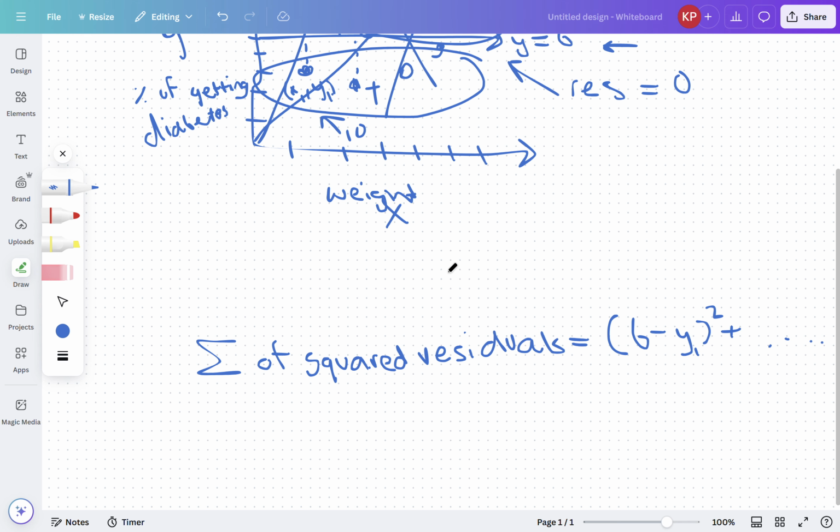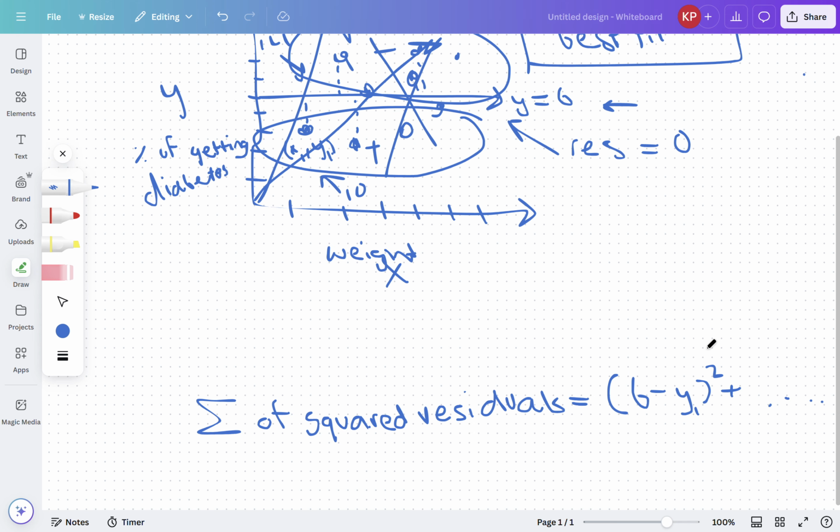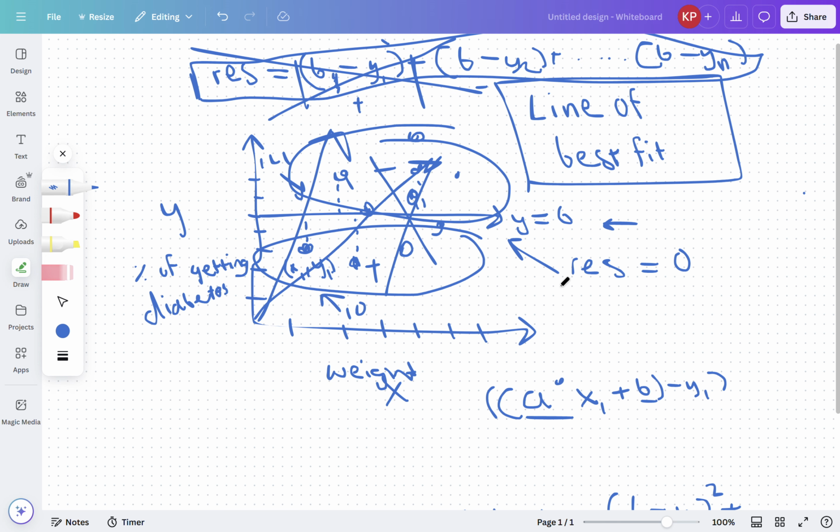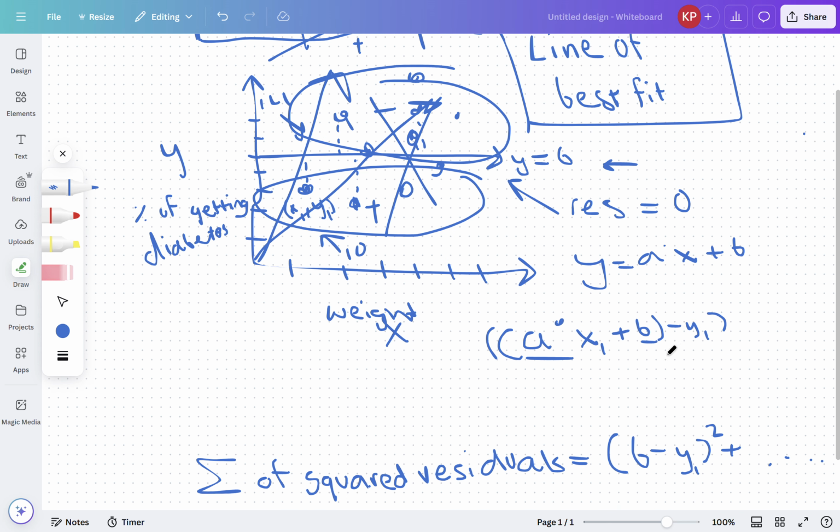From there you can do a times x1 plus b minus y1. This is another way of trying to find the a and b values for a line. A line is a times x plus b in a linear regression model, so we're just going to use this.